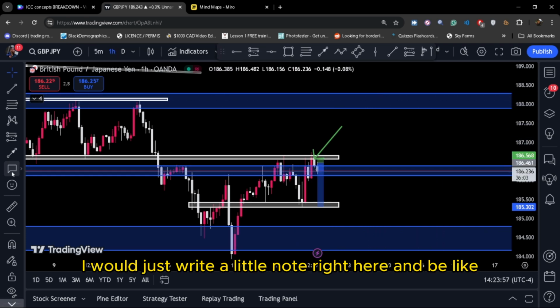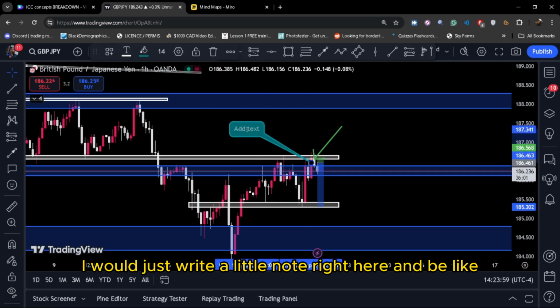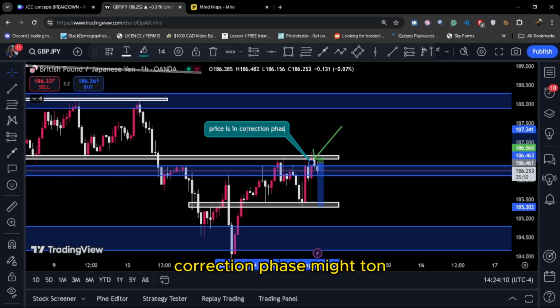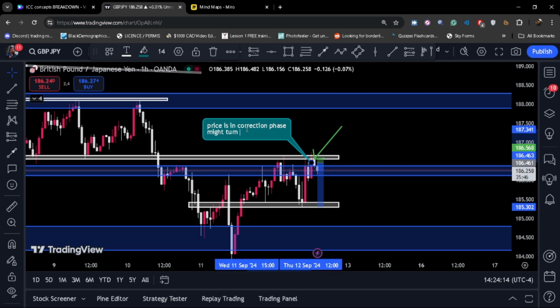Secondly, I will just write a little note right here and be like, price is in correction phase, might turn bearish due to daily time frame, right?